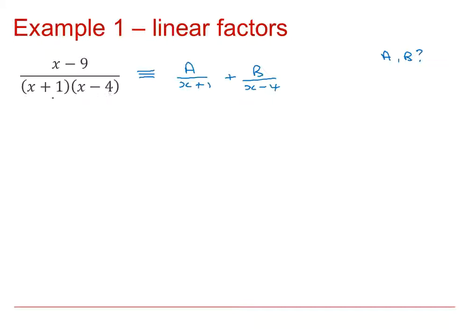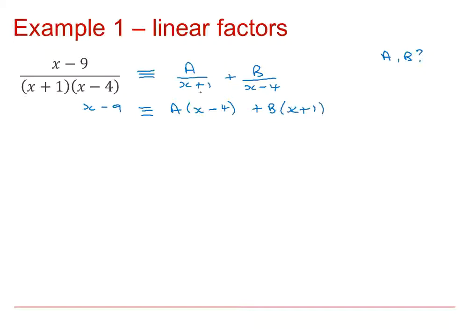So if I multiply through by (x plus 1)(x minus 4) on both sides, we get x minus 9 is identical to a(x minus 4) plus b(x plus 1).